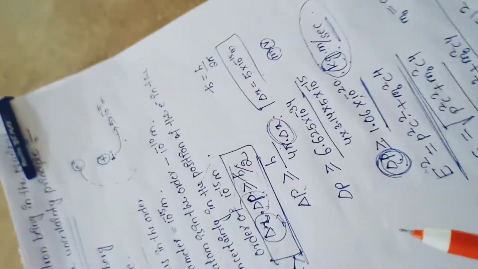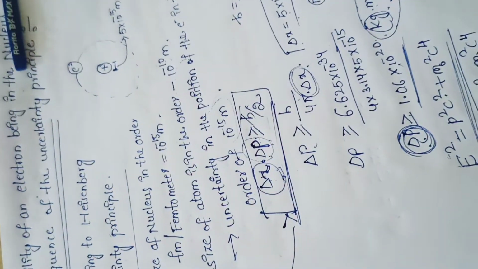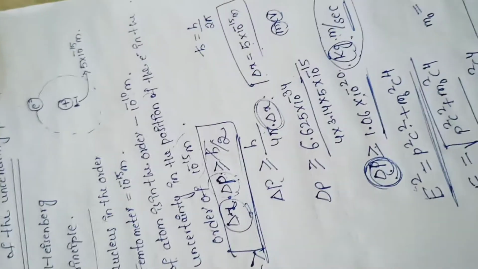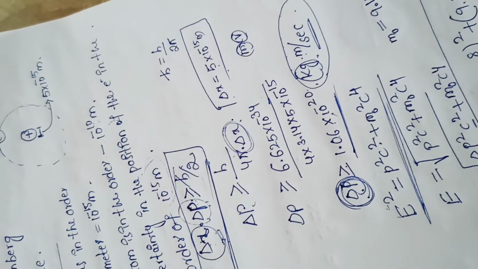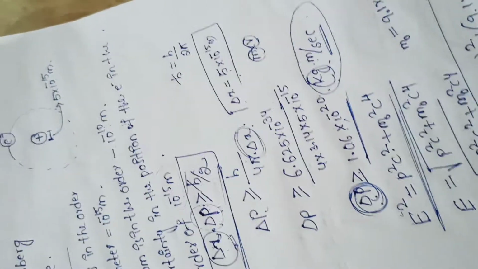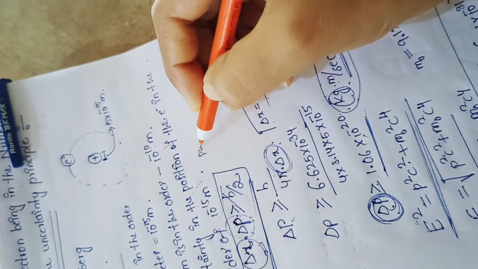So now what is the uncertainty principle? Can anybody please explain the Heisenberg uncertainty principle? At any instant of time, we are calculating the position and momentum.